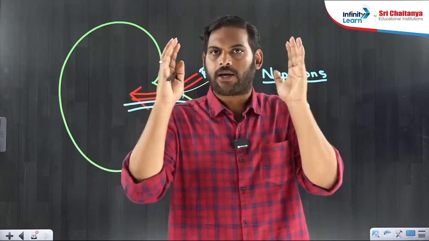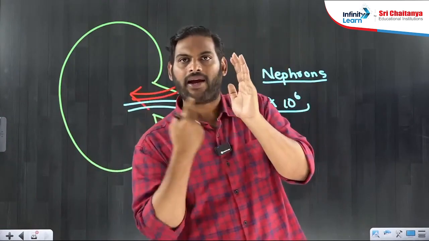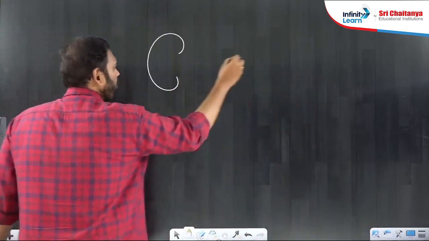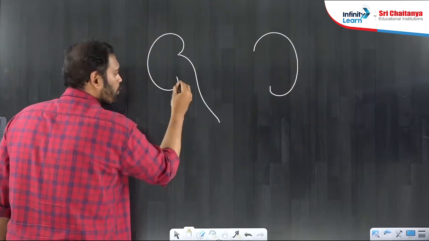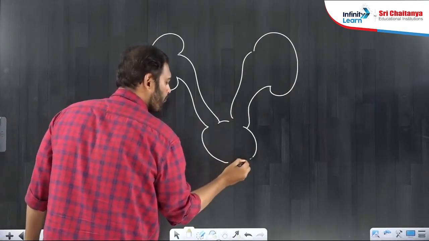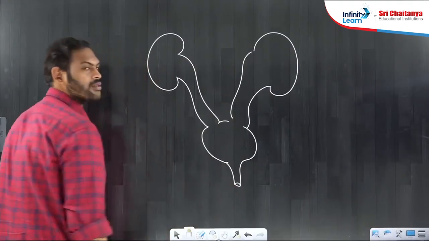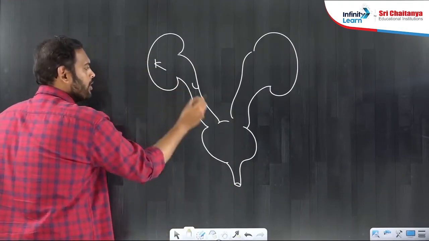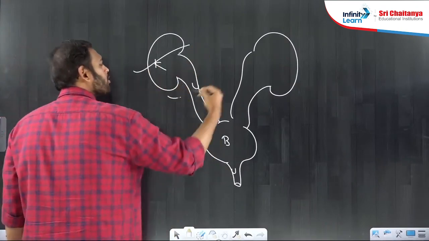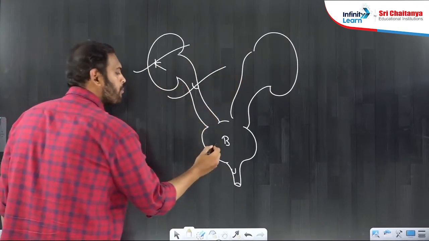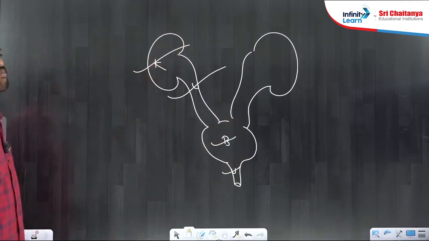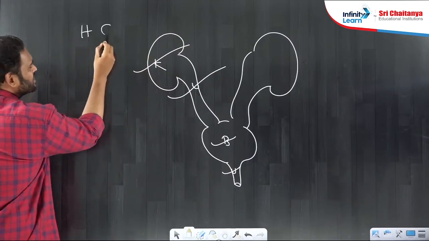Pair of kidneys, pair of ureters, one bladder, and attached to it is the urethra, like this. Kidneys, ureter, bladder, and urine comes out through the urethra. So kidneys and ureters are paired structures, while bladder and urethra are single each. These four components comprise the human excretory system.